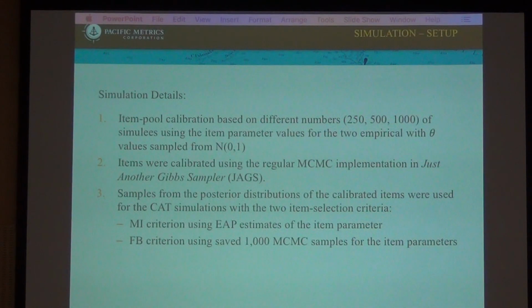The items were calibrated using the regular MCMC algorithm, just another Gibbs sampler, not the online calibration algorithm, to mimic the paper-and-pencil calibration process. Then we sample from the posterior distribution of the calibrated items, and the samples were used for CAT simulation with these two item selection criteria.